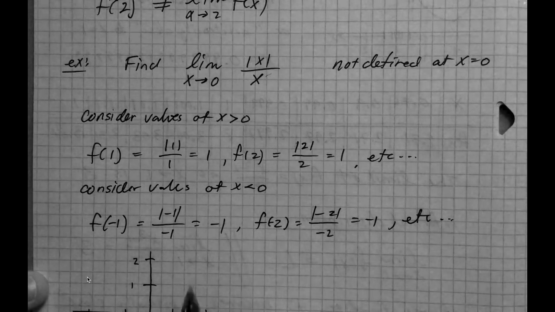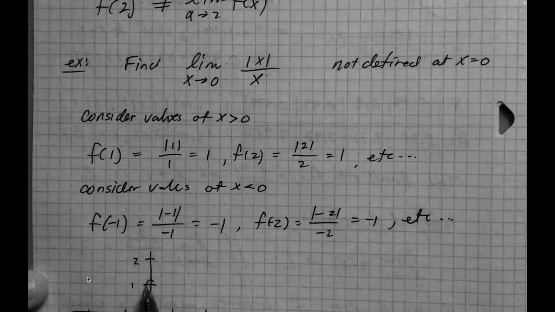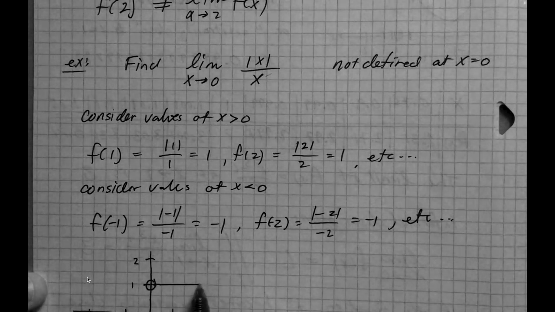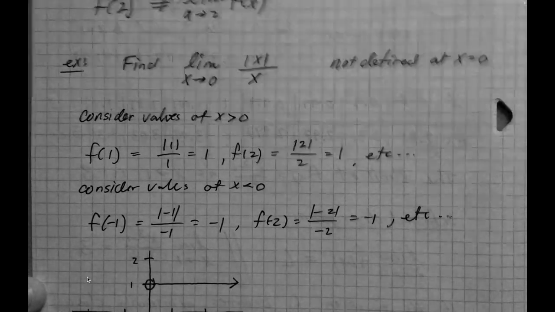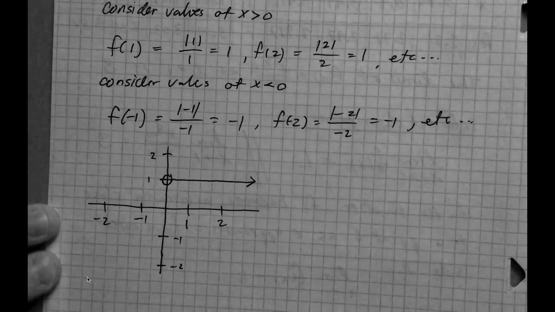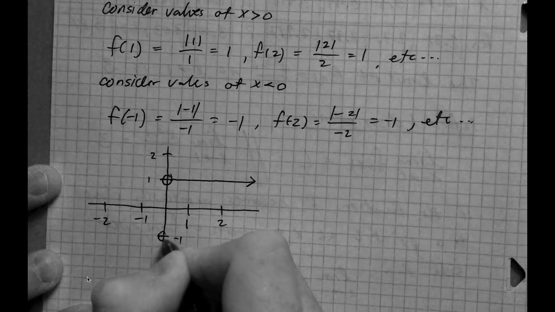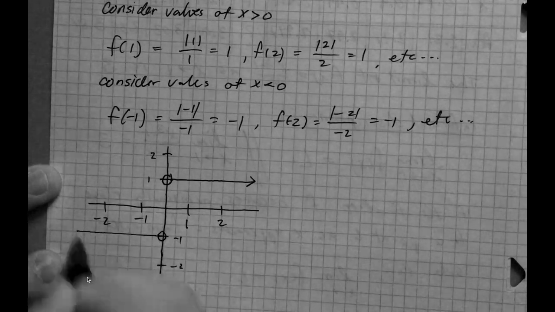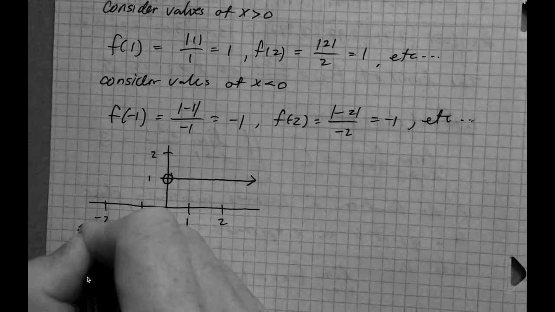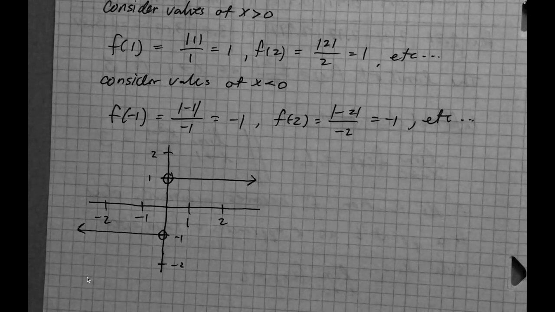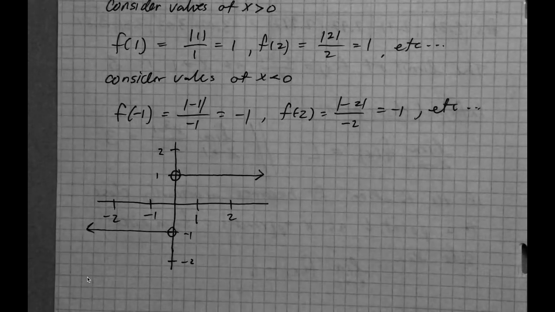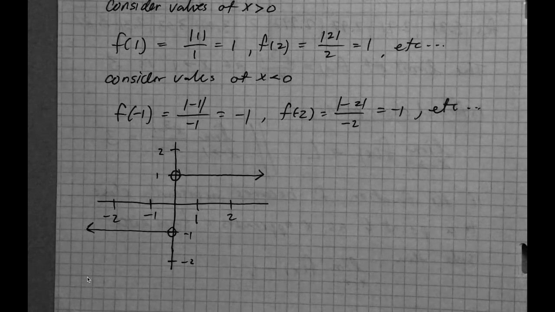But everything above 0 is equal to 1, so it kind of looks like this, doesn't it? You would have something similar to this for the positive values, and then for the negative values, it would look like this. Okay, so that's what the function would look like. What can we say about the limit?